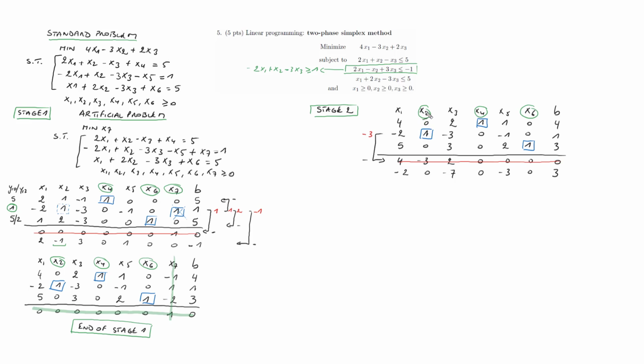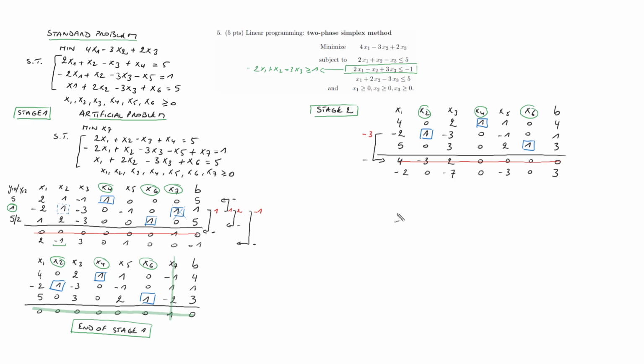So we have the basic variables, the pivots, and of course before we start we have to make sure, as usual, that there are zeros above and below the pivot, which is clearly not the case over here because we have this -3. So before we start, we have to perform this row operation in order to create a 0. If you perform this row operation, this is what you obtain. And now we are ready to start stage 2.